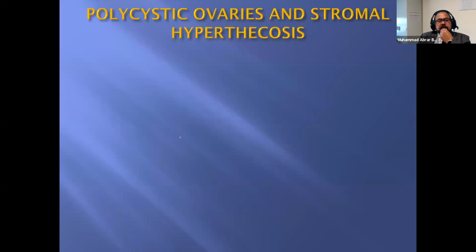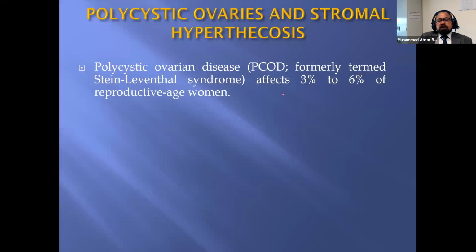Now, coming to the other topic, which is polycystic ovaries or stromal hyperthecosis. Polycystic ovarian disease, or PCOD, was formerly called Stein-Leventhal syndrome. Stein-Leventhal syndrome affects 3 to 6% of reproductive-age women.